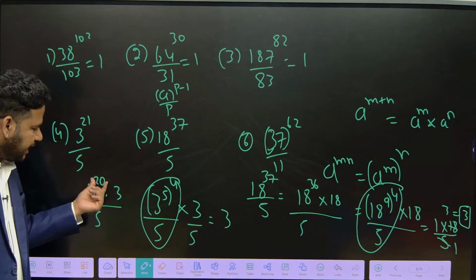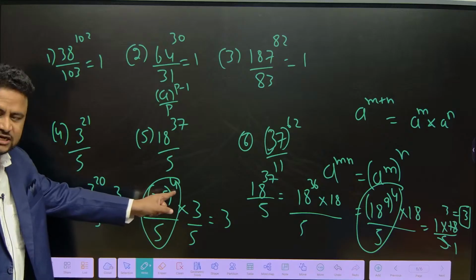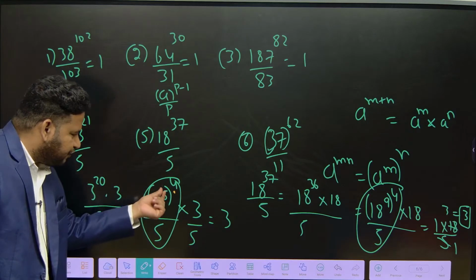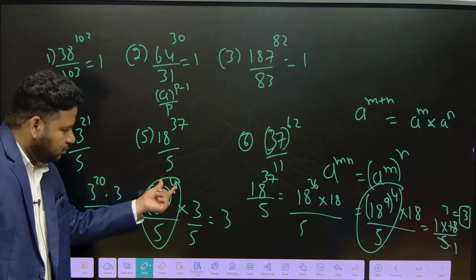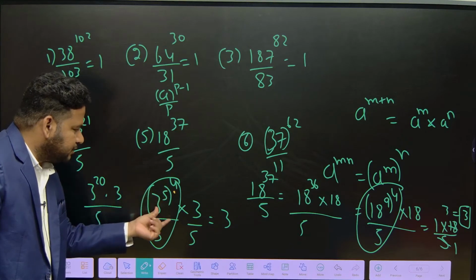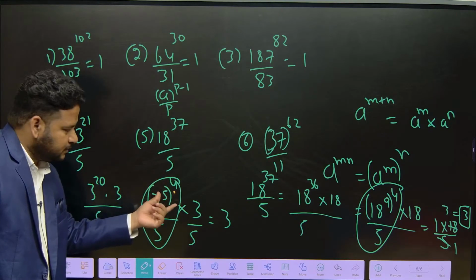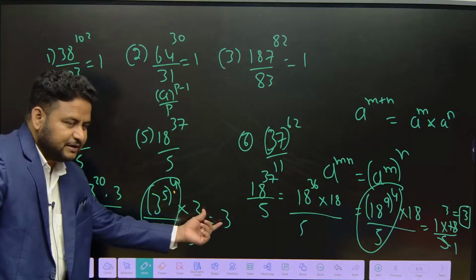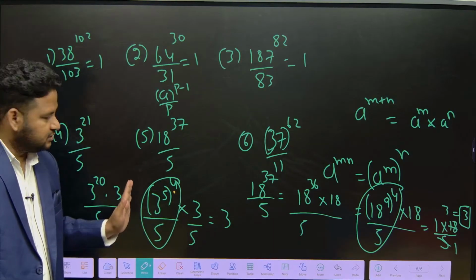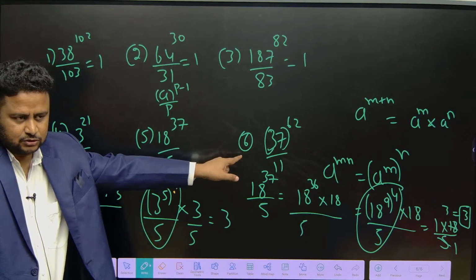The power 20, I wrote it as 5 into 4, 5 power 4, where 4 is 5 minus 1. So this is p minus 1 by p, and I applied Fermat's theorem. For the remaining 3 by 5, the remainder is 3. Clear? Same way I did for the other one. This one you have to do by yourself. I'll check later. You copy this.